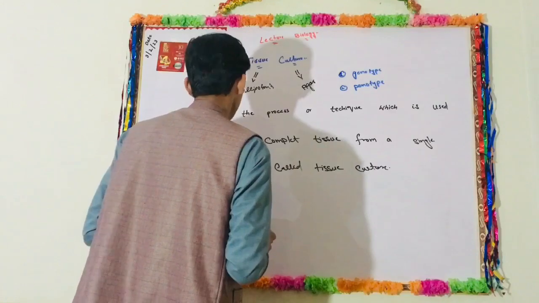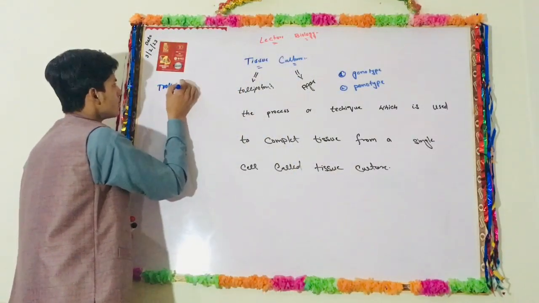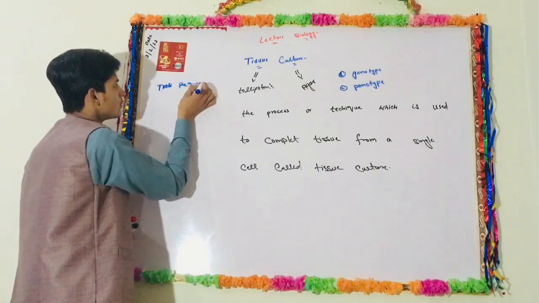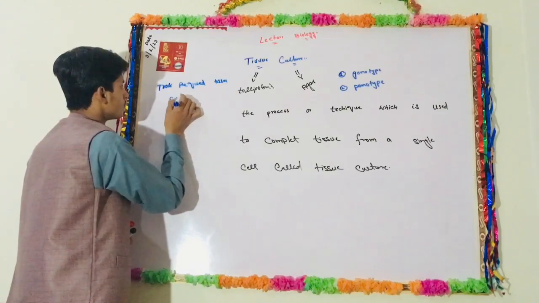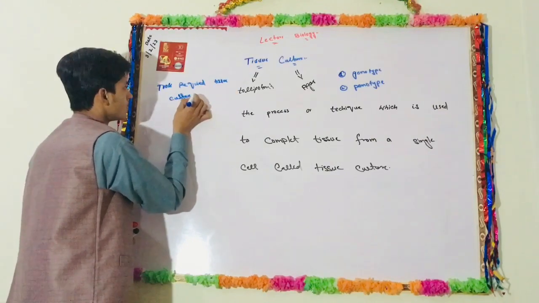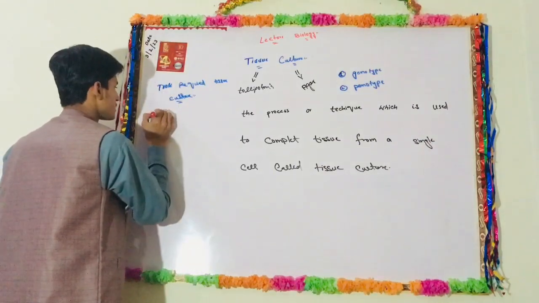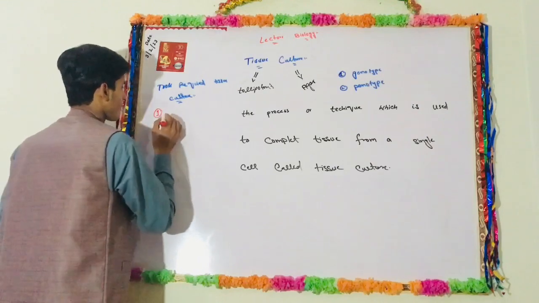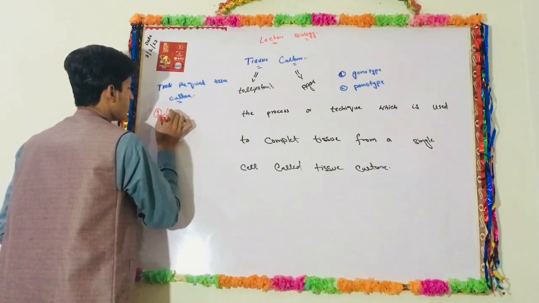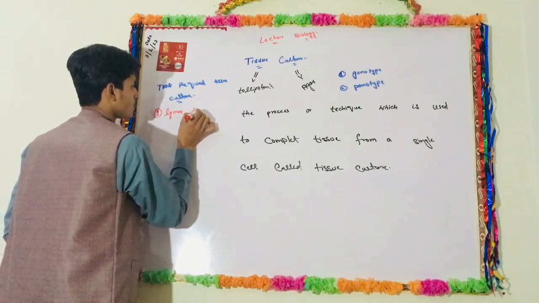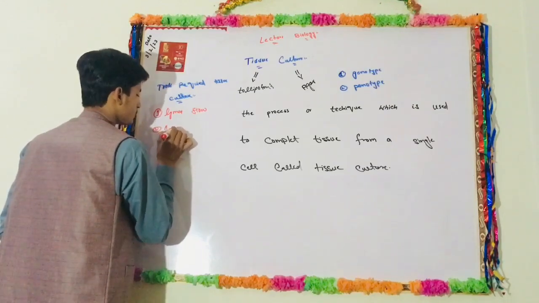Tools required for tissue culture. The first one is laminar flow. The second one is incubator.